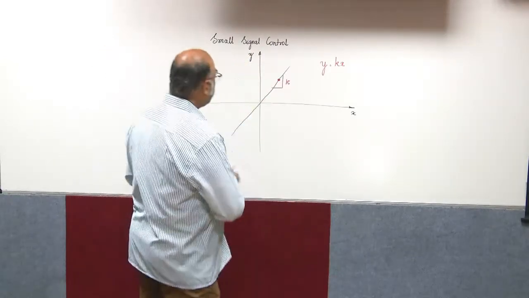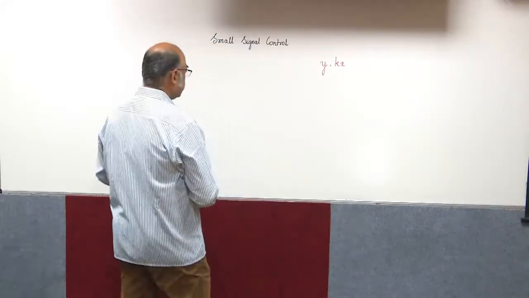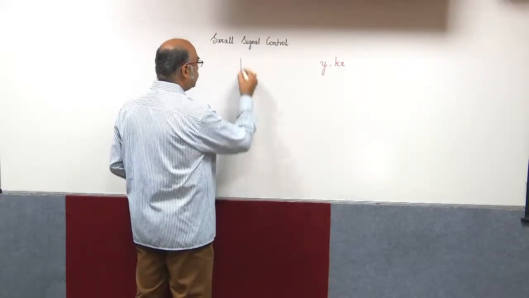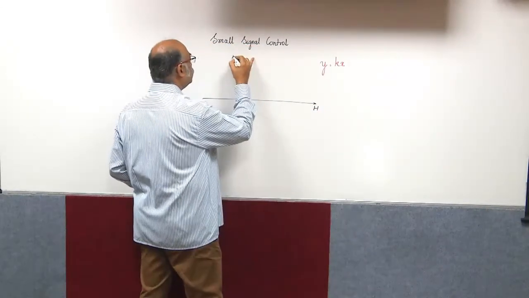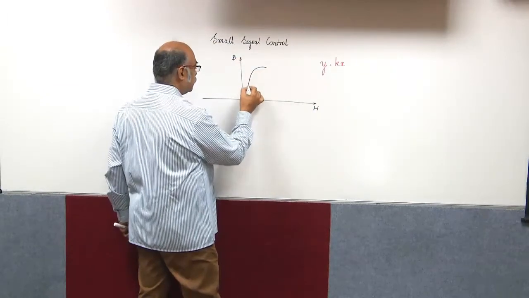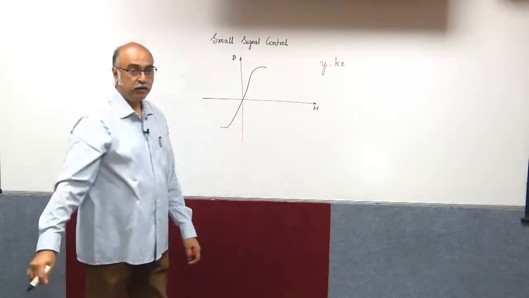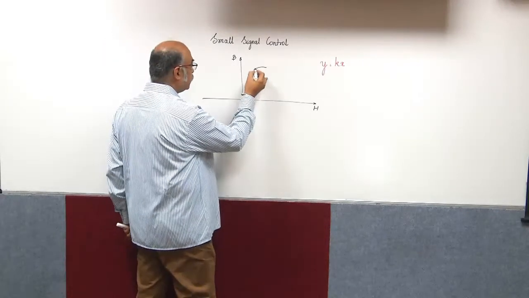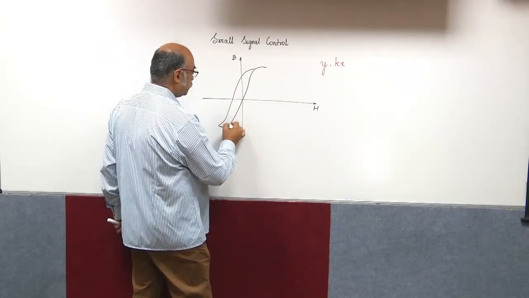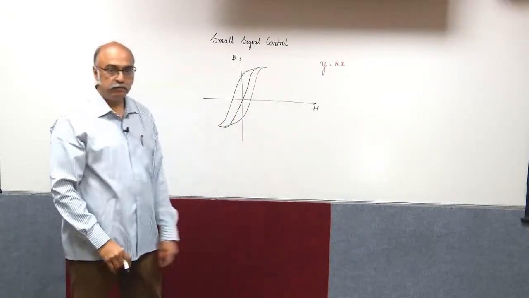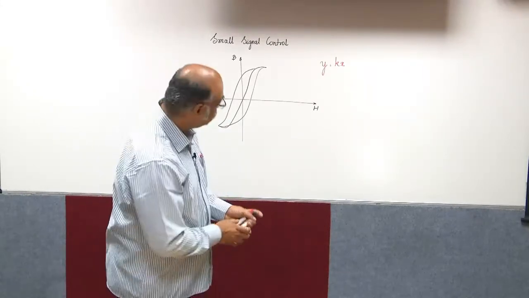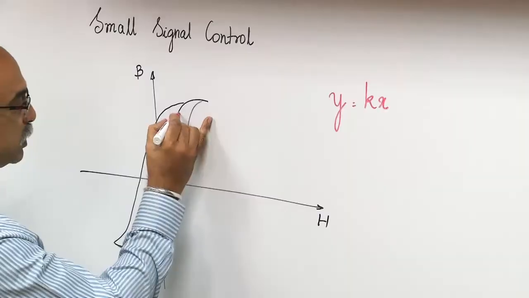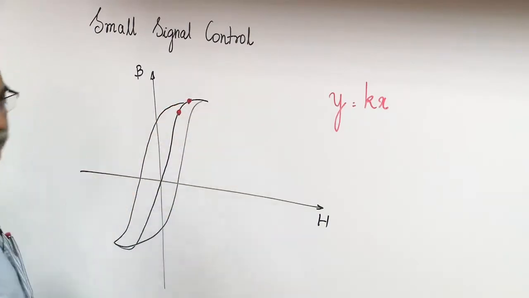But if you take a practical system, take for example, I have seen this. Are you familiar with this? Okay, I will draw at least the virgin curve. You also have hysteresis. Typical, and you will say operating point somewhere. It could be here or it could be at the knee, no longer linear.